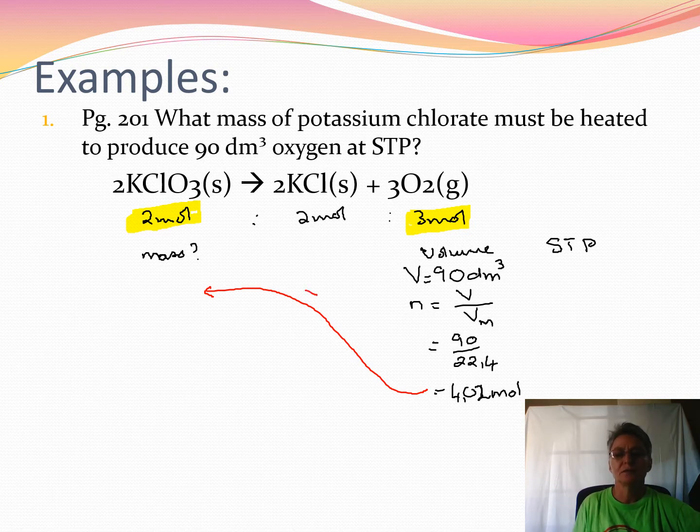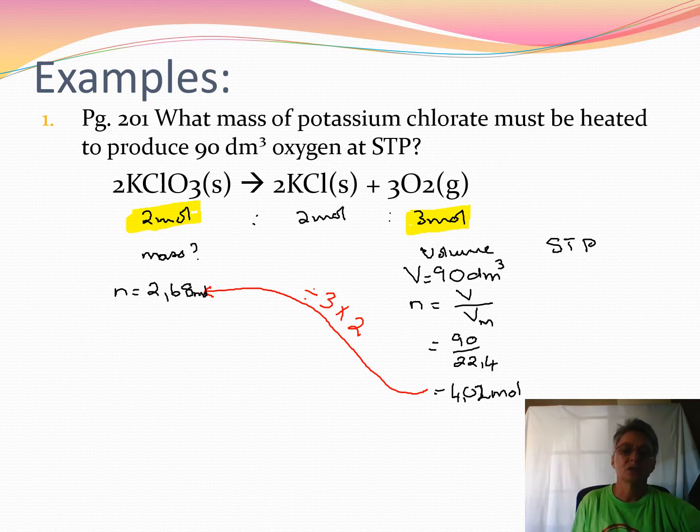So I need to divide it by 3 and multiply it by 2. And that would give me 2.6785. So I'm going to say 2.68 moles.